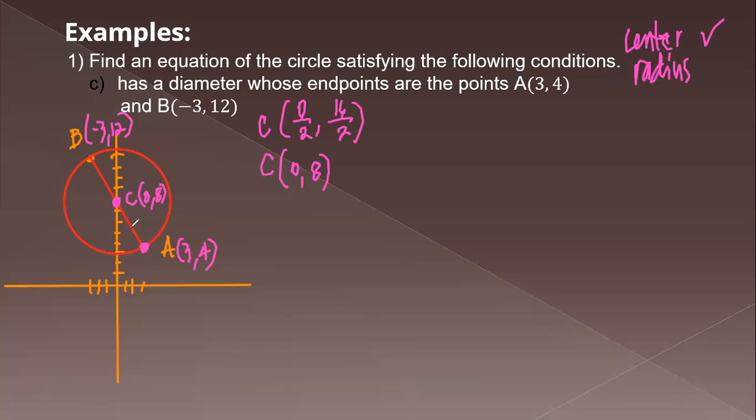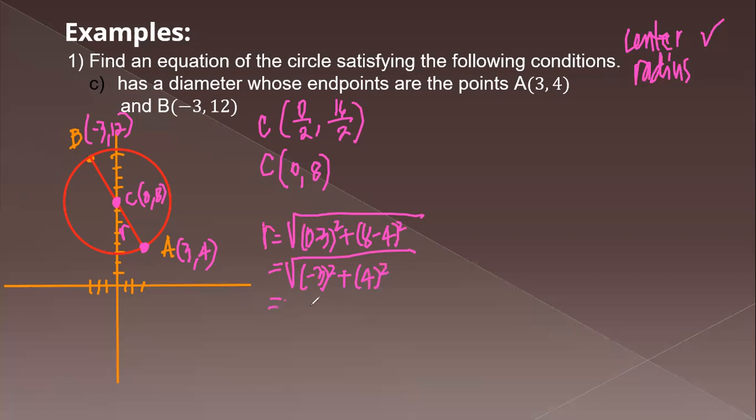Because ating point C at point A ay R. So kunin natin si R, which is equal to the square root of distance formula. We have 0 minus 3 squared plus 8 minus 4 squared.